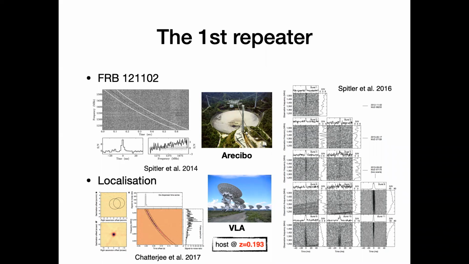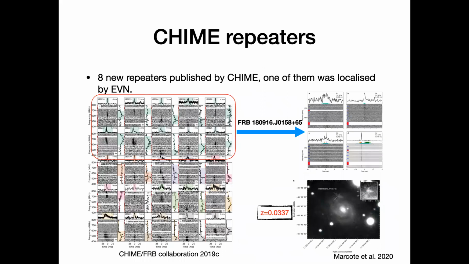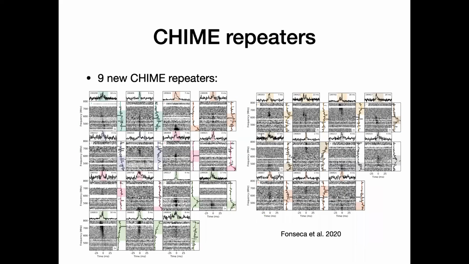After that, the VLA helped us localize the repeating burst, and the host galaxy was identified as a dwarf star-forming galaxy at about redshift 0.2. The second repeater was reported by CHIME, and it shows interesting features like downward frequency drifting. At the end of last year and early this year, CHIME published 17 new repeating bursts.